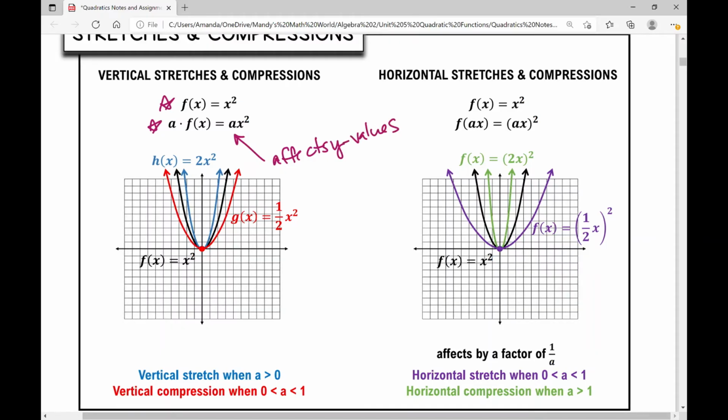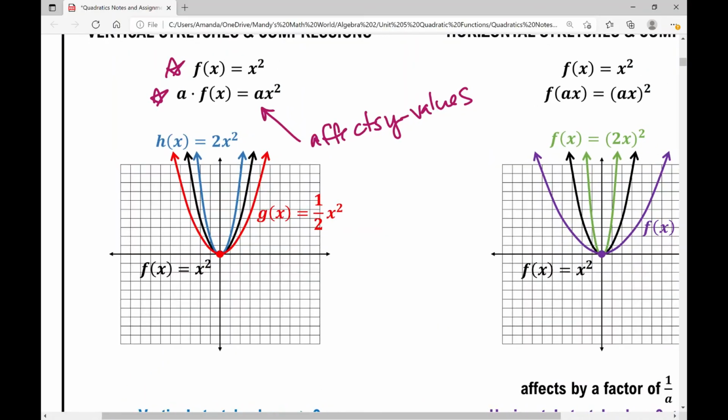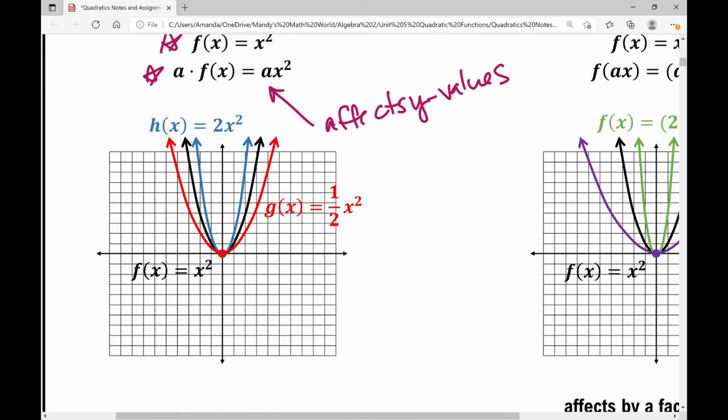So what happens? I've got the parent function that is graphed in black, right? Vertex at 0, 0, out 1, up 1, out 2, up 4, and so on and so forth. h of x is graphed in blue. I've got an a value that's greater than 1, so 2x squared. What happens is I take that x value, let's say I plug in 1 for x instead of out 1, up 1.